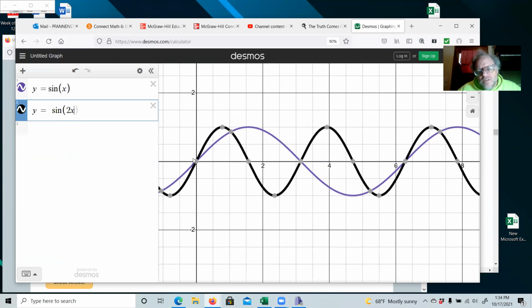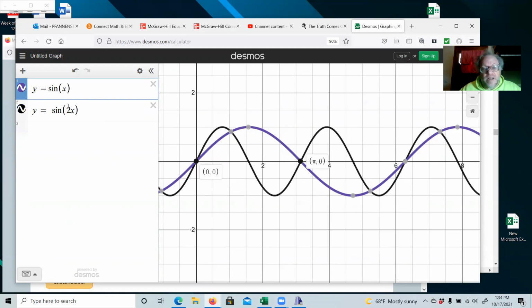Look at the purple line, and it takes all of 2 pi, that's 6.28 or something. It takes all of this time to get one waveform. Now look at the black line, where it takes half of that time. At pi, we're done. So it took half the space to make a wavelength.